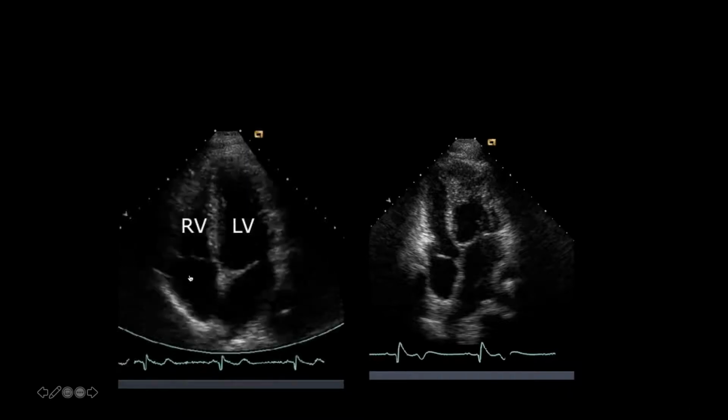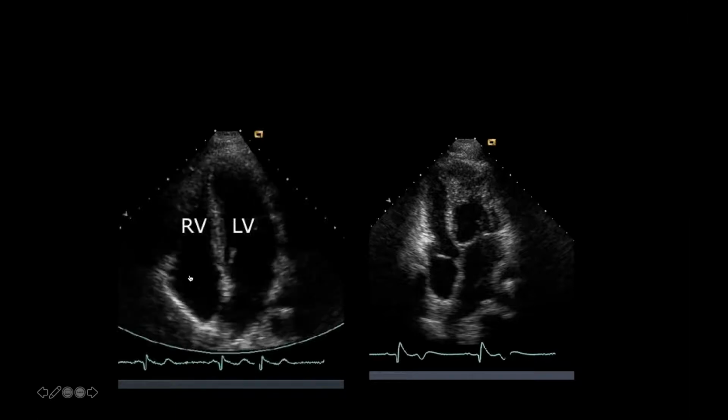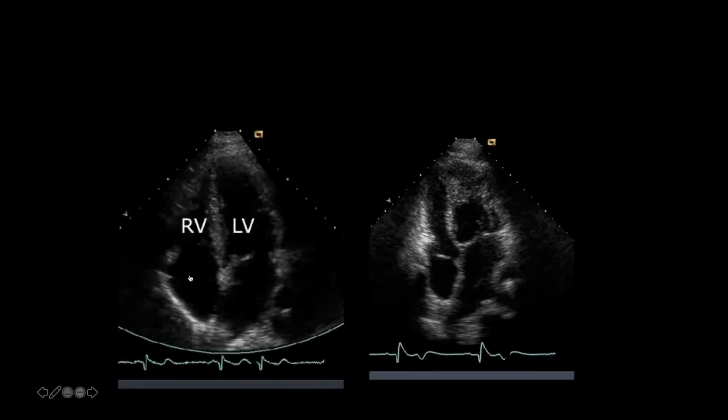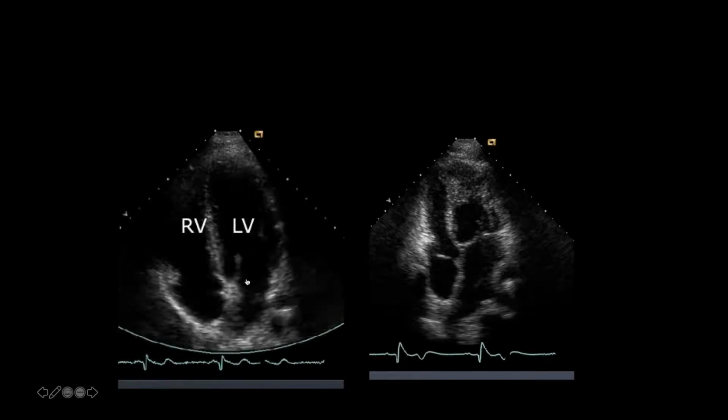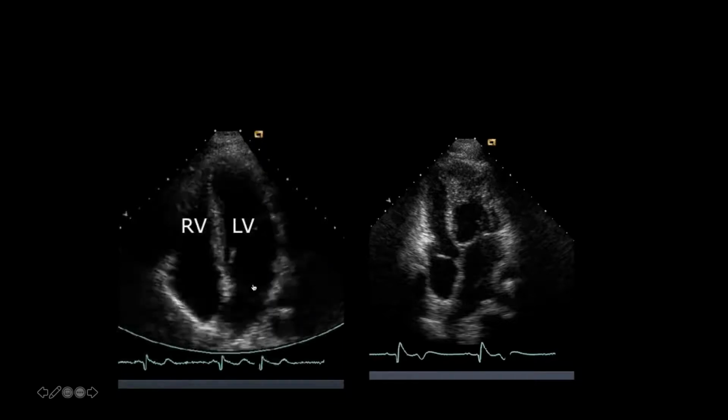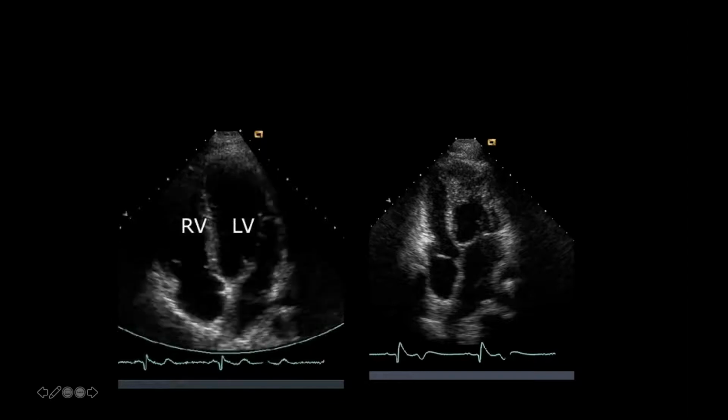And if you can identify the tricuspid valve, then you can also identify the right ventricle, because a tricuspid valve always communicates with a right ventricle, and the mitral valve always communicates with a left ventricle.